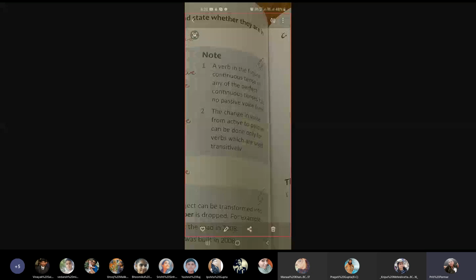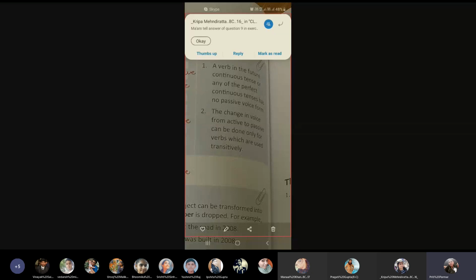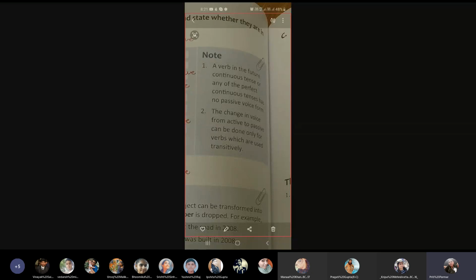Now, as I told you, in the future continuous and future perfect continuous, there will not be a passive voice. Number two, the change in voice from active to passive can be done only for the verbs which are used transitively. If a verb is transitive, that means it needs an object to complete. Only those verbs can be changed into passive. Otherwise, no.